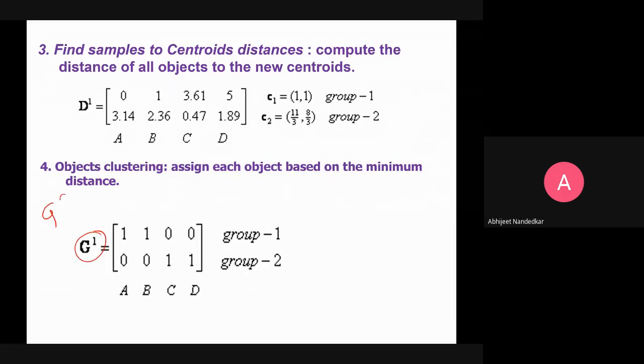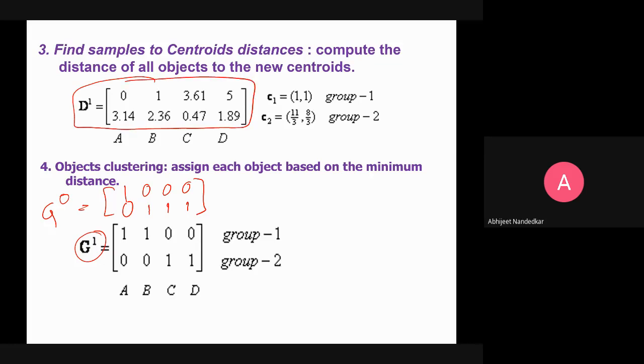Earlier it was G0, which was a random guess. Based on this calculation, what we observe is that point B is closer to group C1.